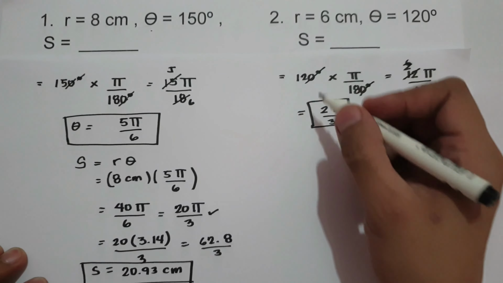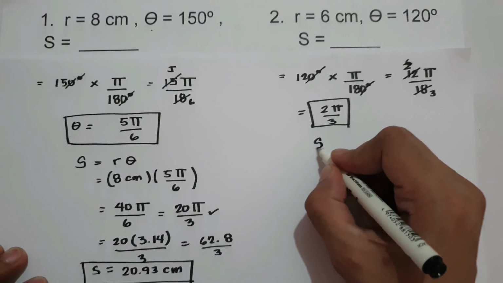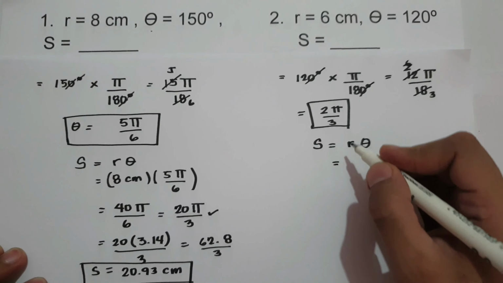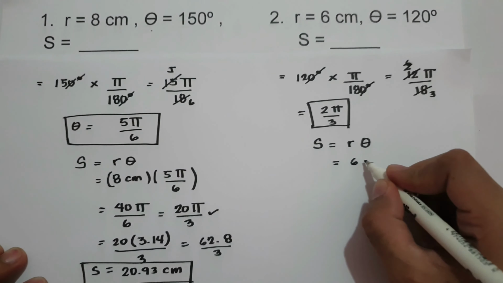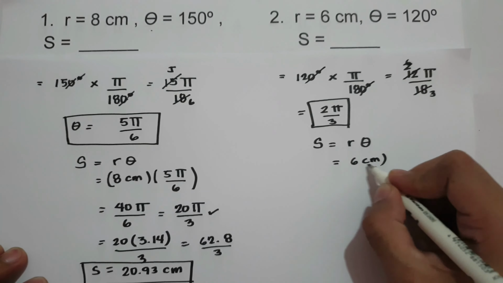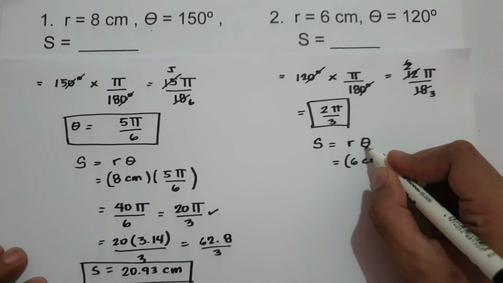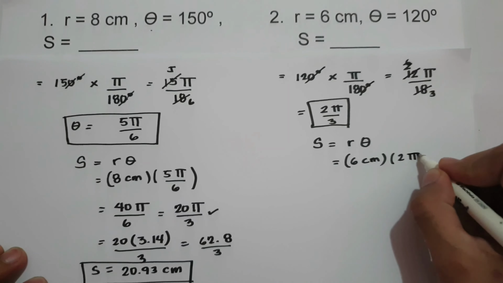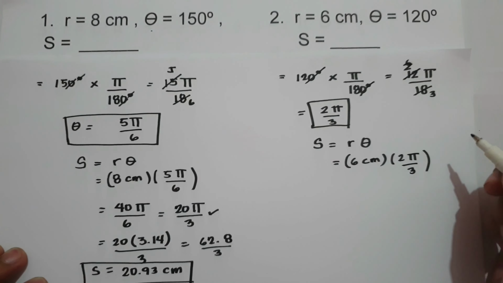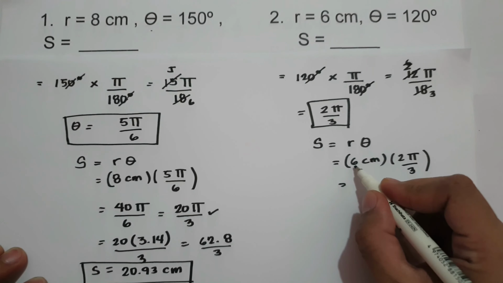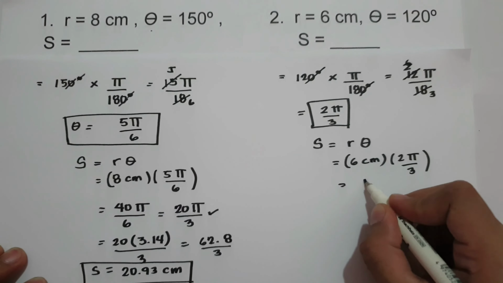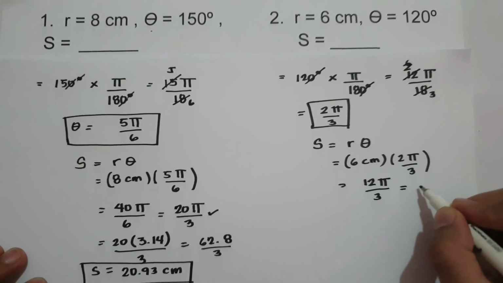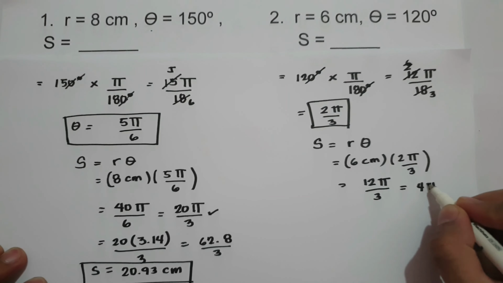Now, let us find the length of the arc. S equals r times the central angle. The radius is 6 centimeters, and the central angle in radians is 2 pi over 3. 6 multiplied by 2 is 12 pi over 3. 12 divided by 3 is 4 pi.